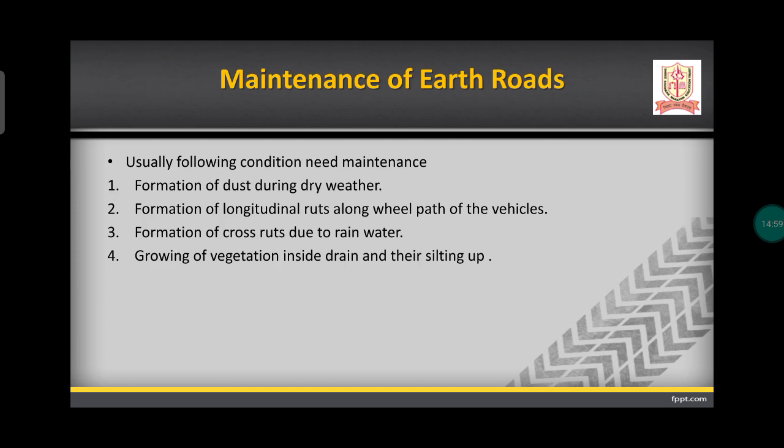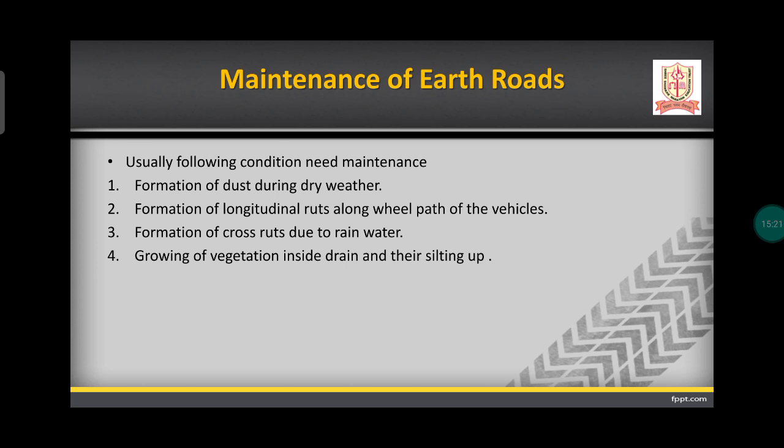Then the maintenance of the earth road. The defects we can find are the formation of dust during dry weather, formation of longitudinal ruts along the wheel path of the vehicle, formation of cross ruts due to rainwater, growing of vegetation inside the drain, and silting up.